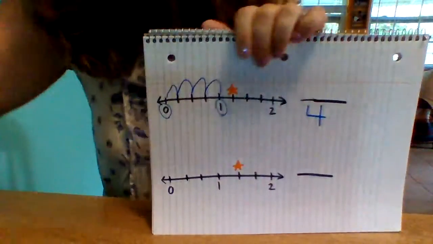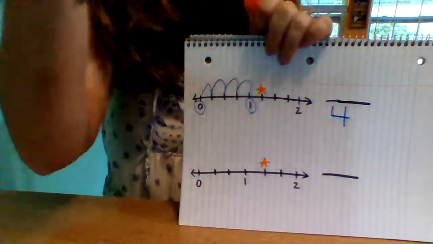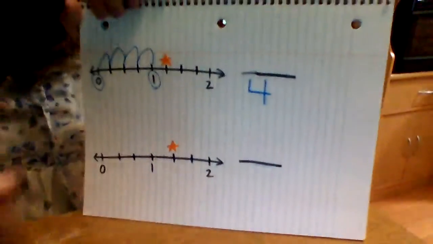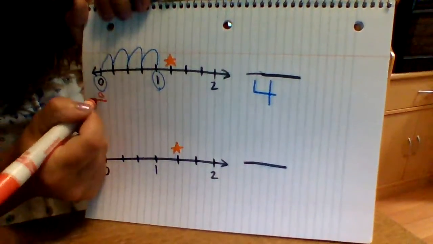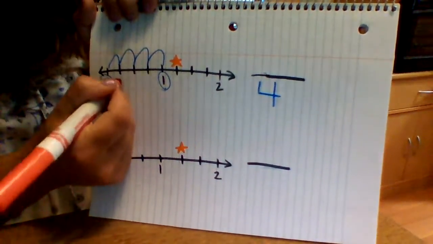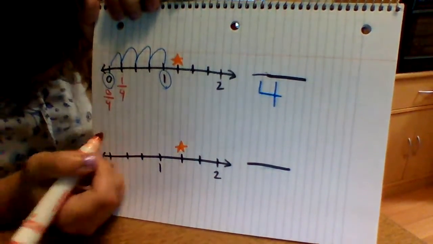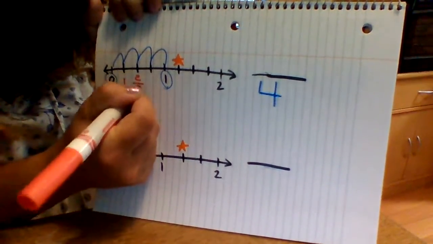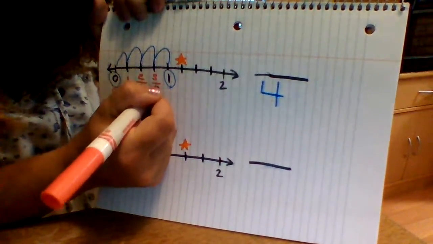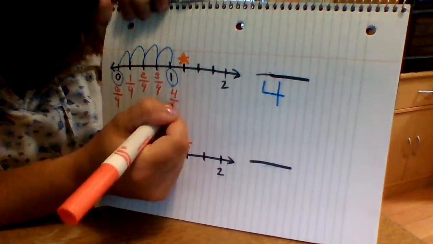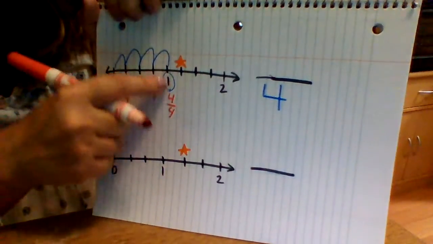My denominator is 4. And now I can go ahead and I can write my fractions underneath, right? My denominator is going to stay the same. It's just my numerator that's going to change. 0 fourths, 1 fourth, 2 fourths, 3 fourths, 4 fourths, which equals 1 whole, which is how I know I haven't messed this up yet.